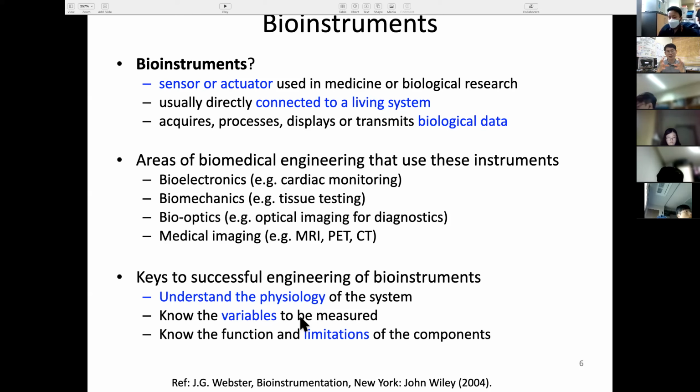Whenever you are using an instrument, you have to know the limitations of the instrument and its components, and the physical, chemical, or biochemical principles behind the instrument. The working principles are very, very important, because you are not just going to become a technician; you have to know what's going on underneath.